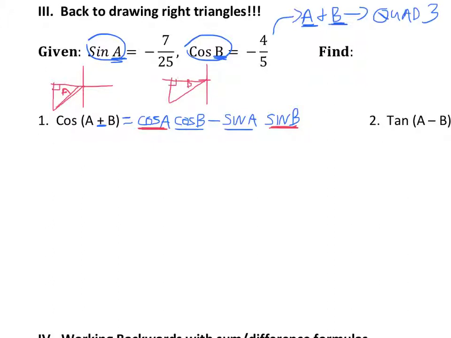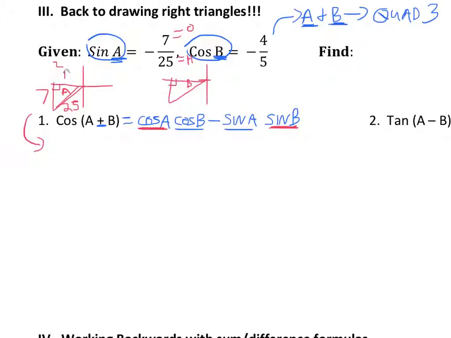Now, sine of A is negative 7/25, so it's like saying this is the opposite and this is the hypotenuse, because it's sine, using the old SOHCAHTOA. So the opposite of angle A is 7, which is this. The hypotenuse is 25. Now what you have to figure out is this side. You could use the Pythagorean formula, and I'm going to use it right here.